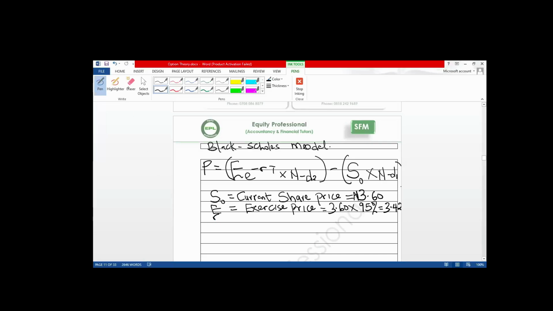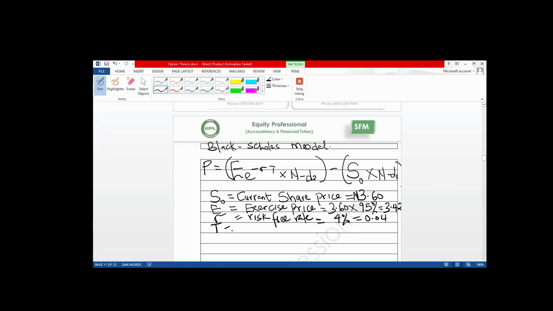Your letter R is your risk-free rate. If you look at the question, it is 4%, that is 0.04.